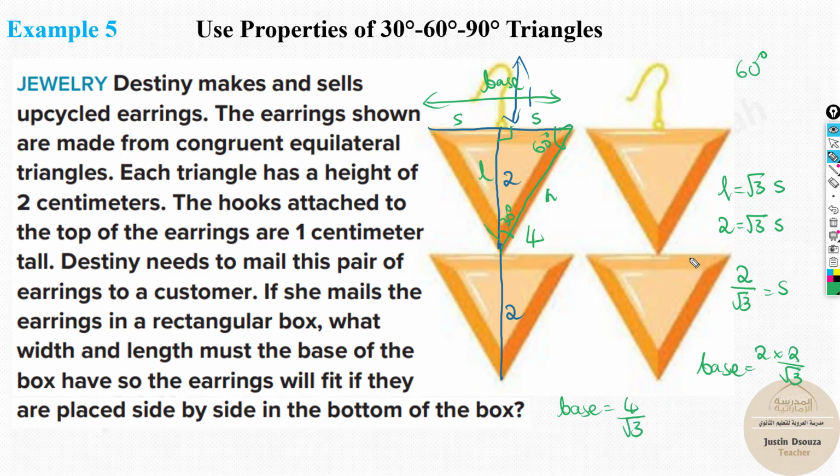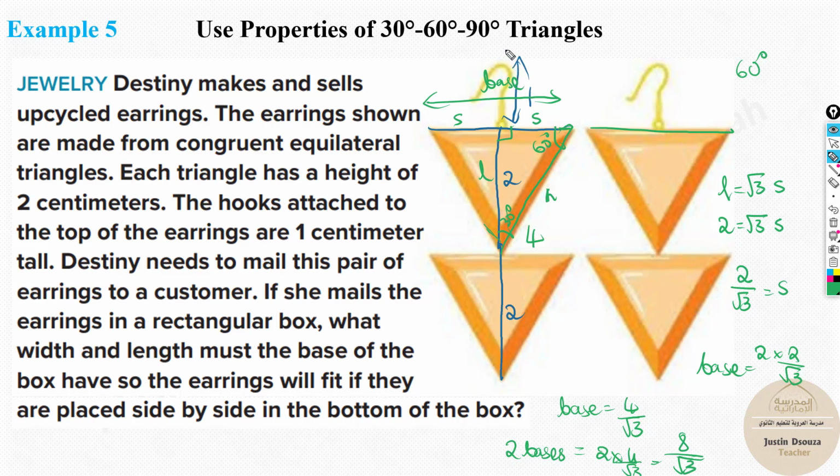Now, this is one pair of earring. I have one more pair. So there are 2 bases, which means just multiply this by 2. 2 times 4 by root 3, that is 8 by root 3. Okay, that is the answer.